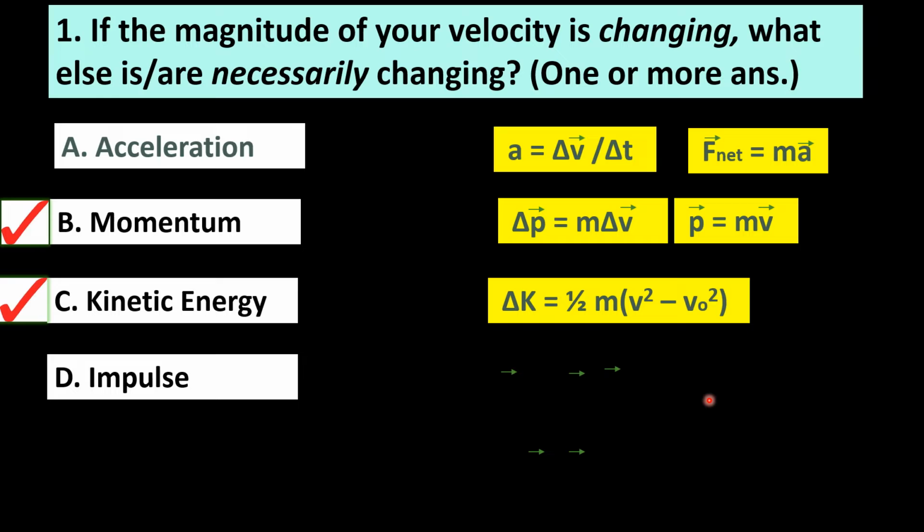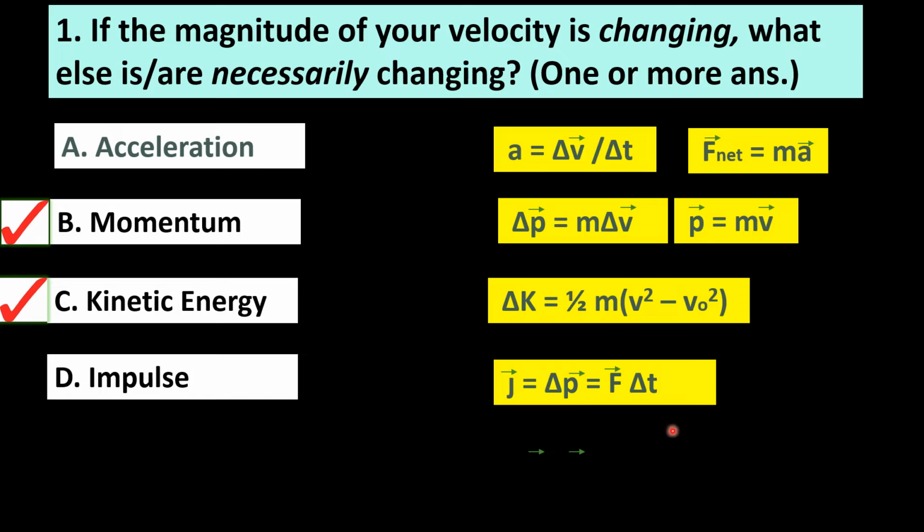And lastly, impulse. Does it follow that when the velocity of the body is changing, the impulse causing the body to have a change in velocity is also changing? This is how we analyze. Why do you think the body undergoes a change in velocity in the first place?